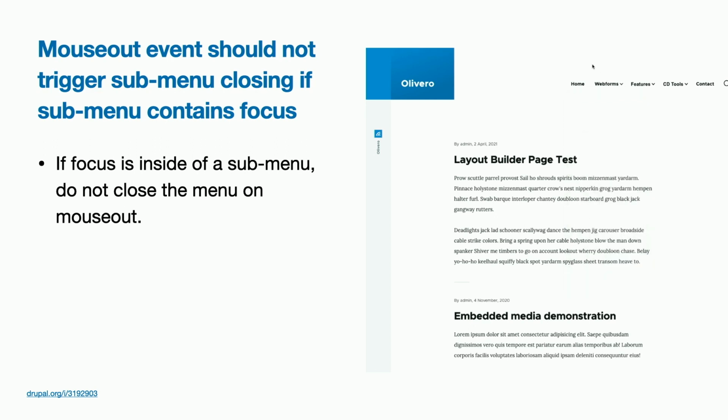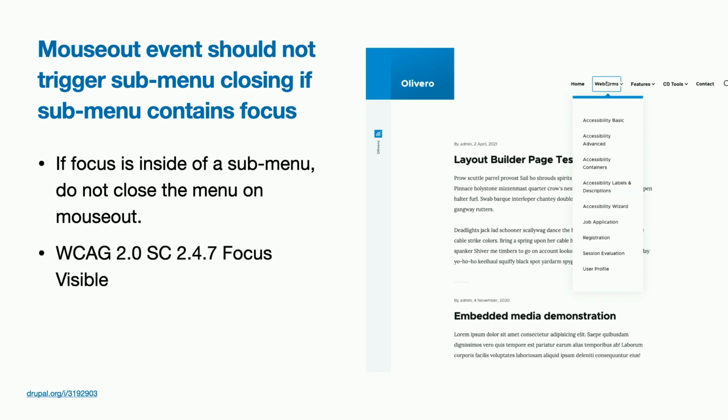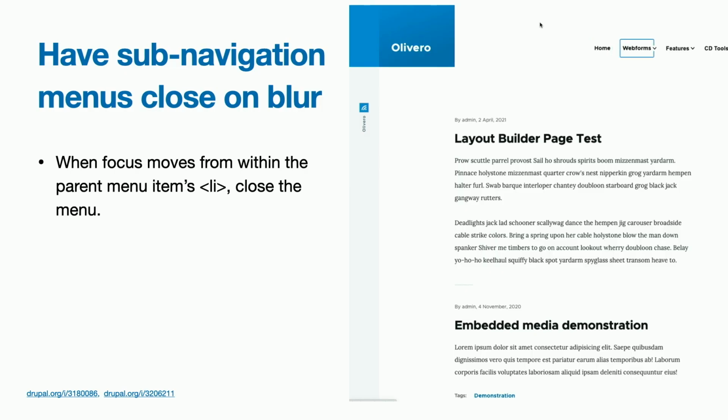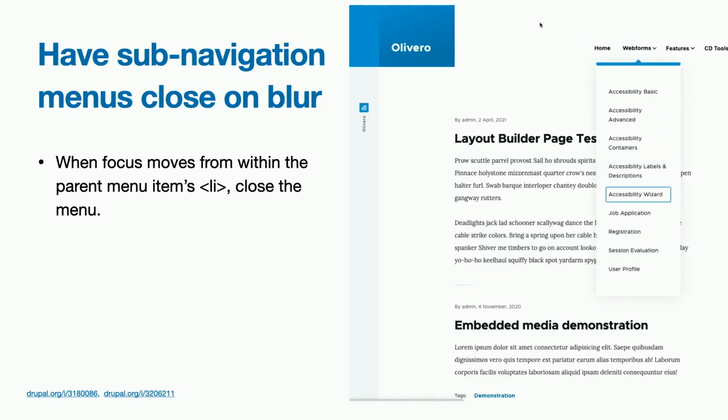So we need to take care of this. It was kind of straightforward. What we do is we check, you can see line 128 right there: if the document active element, that's the focus element, is active and open, don't close it when you do the mouse out. It's kind of straightforward, but you need to know.